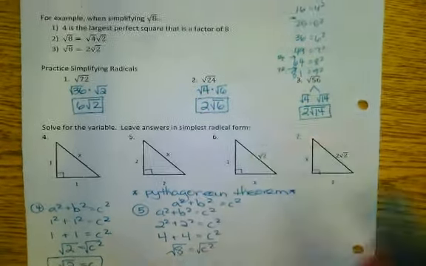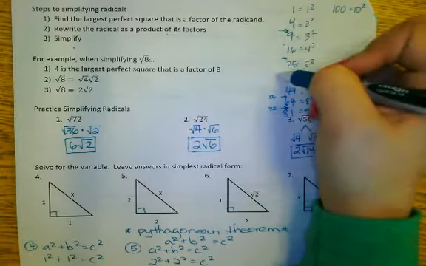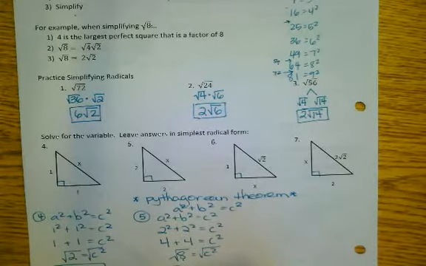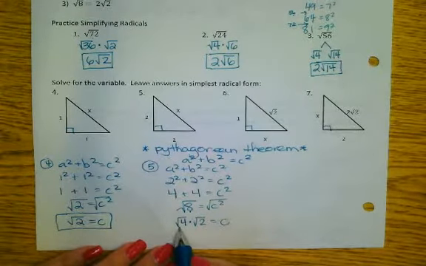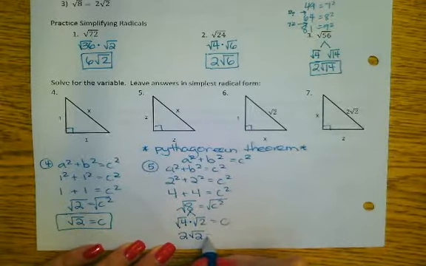It's going to go in here. Can 4 go evenly into 8? Yes. So that's the square root of 4 times the square root of 2. What is the square root of 4? 2. So 2 radical 2 equals c, that hypotenuse.